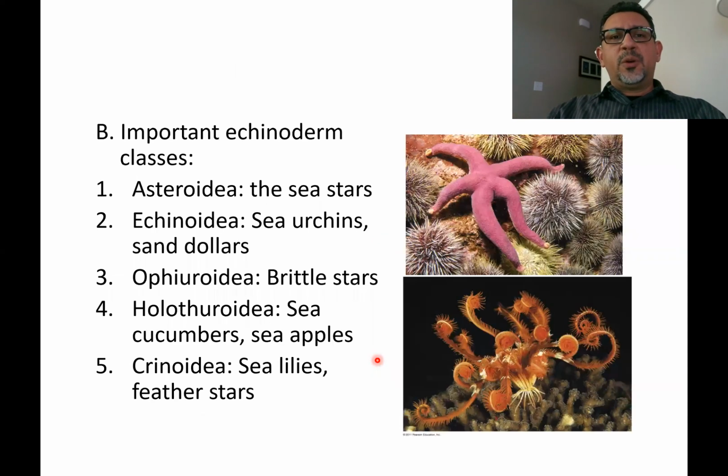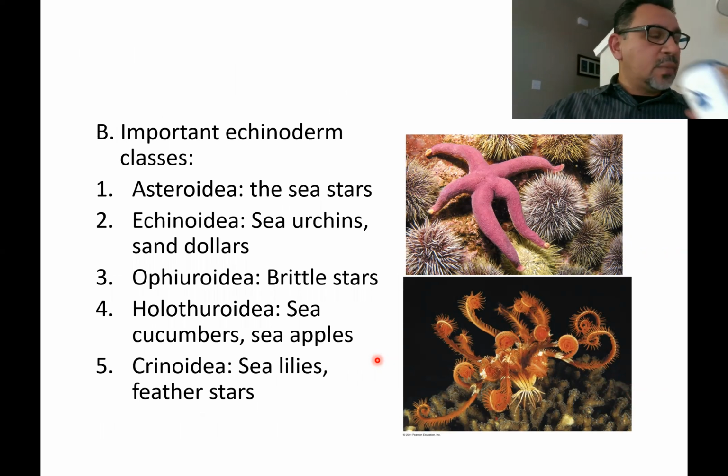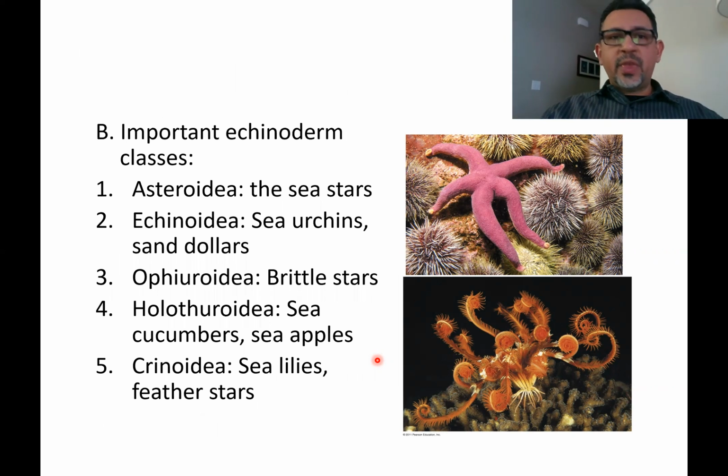There are a few groups of echinoderms that I want you to pay attention to. One is the class Asteroidea. Aster means star. The classic sea stars with 5 arms are members of class Asteroidea.